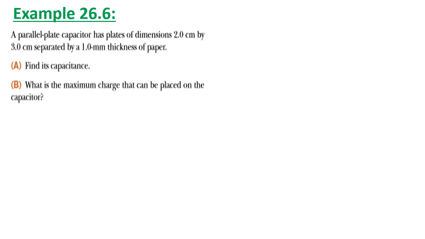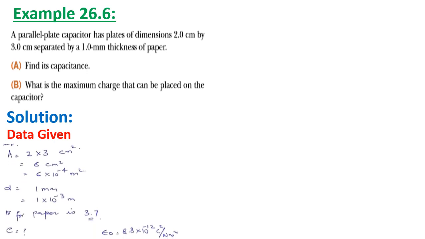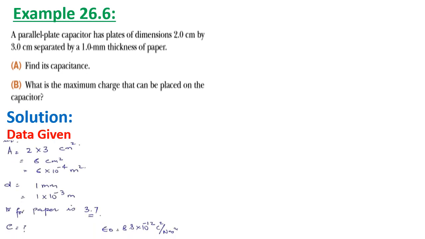A is find its capacitance and B is what is the maximum charge that can be placed on the capacitor. So first we have to write down the data. So the data will be, first the area.